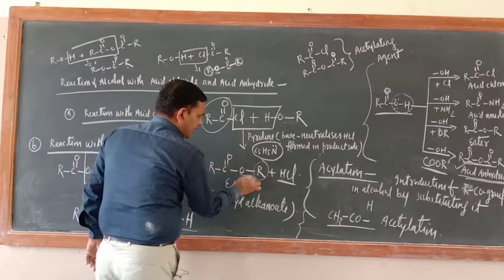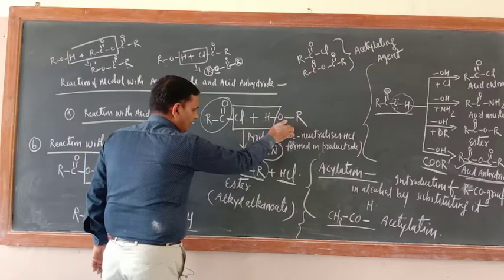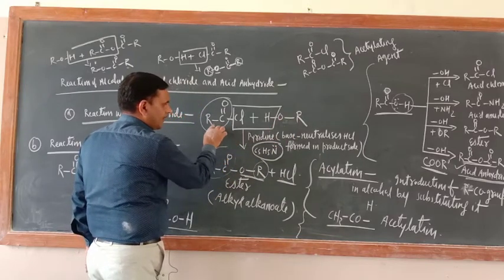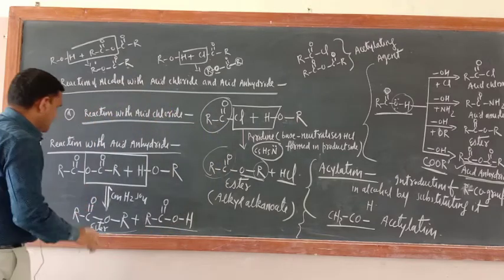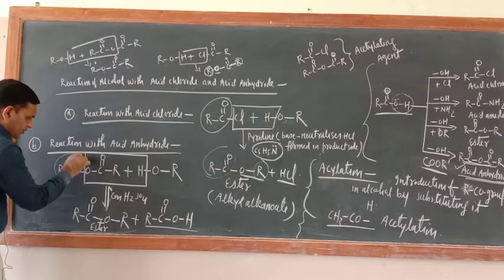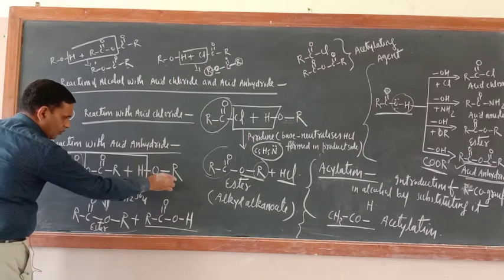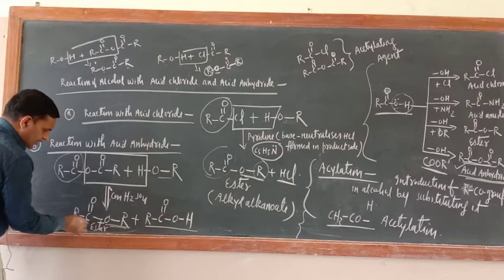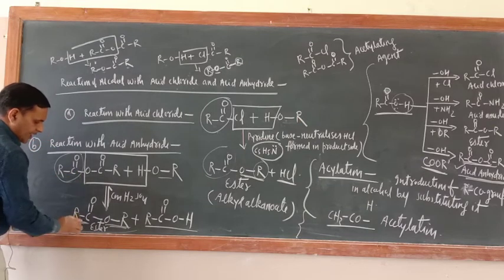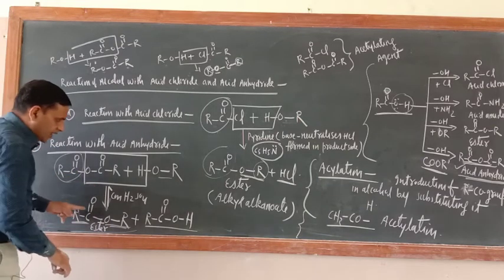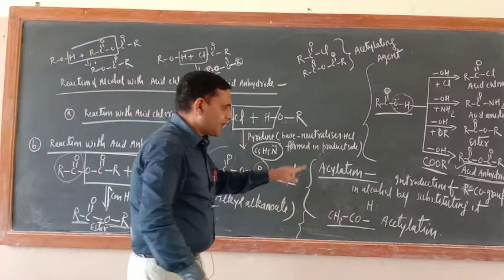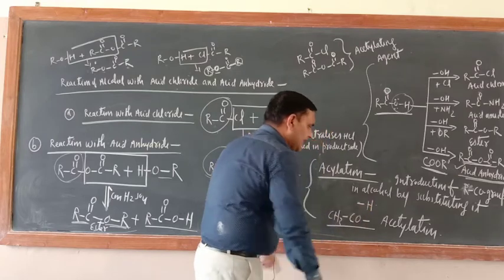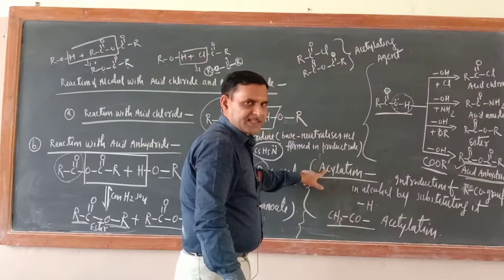In the ester, this part is the alcoholic part, and RCO has come from the acid chloride. Same thing is here also; this is the alcoholic part and the RCO has come from the acid anhydride. So the introduction of the RCO group in alcohol by substituting its H is known as acylation.